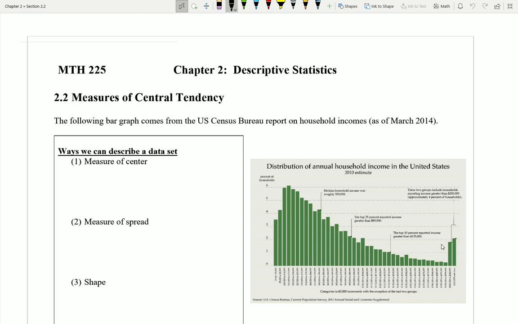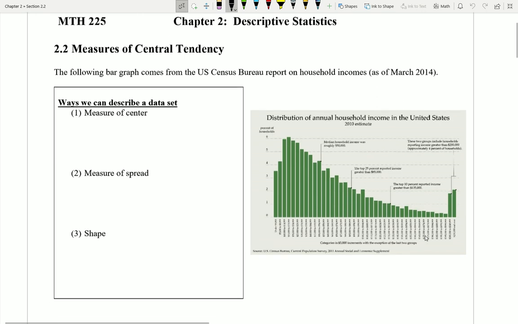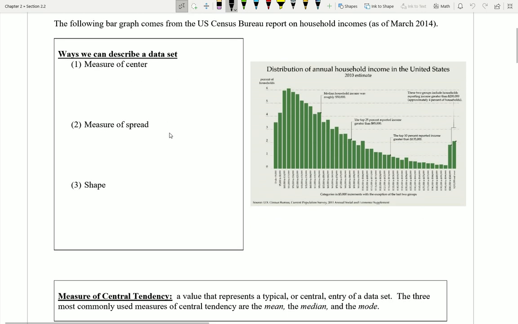So once we have a bar graph or a histogram on the page, there are three ways that we are going to be interested in trying to describe a data set. In this section, our main focus is going to be on this first approach, which is a measure of center.